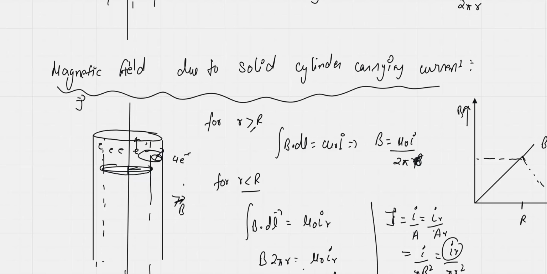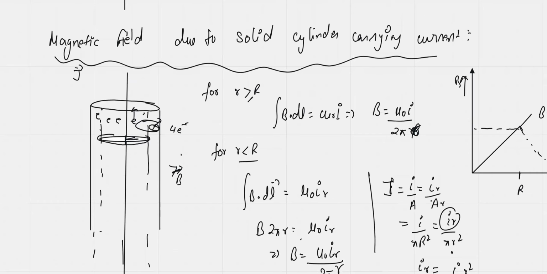Okay, so Kirtana, let's move to the next kind of problem. The next problem may be like this. In this case, you are given a hollow cylinder, not completely hollow, but just some part is hollow. It means this may be the circle.